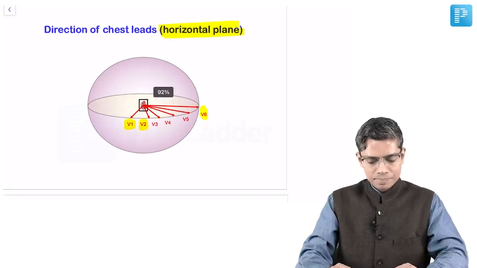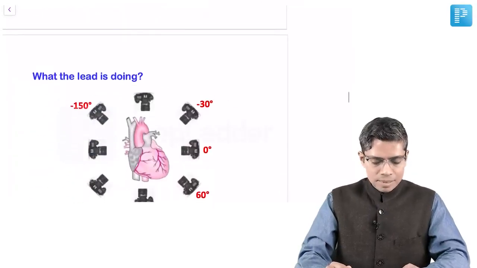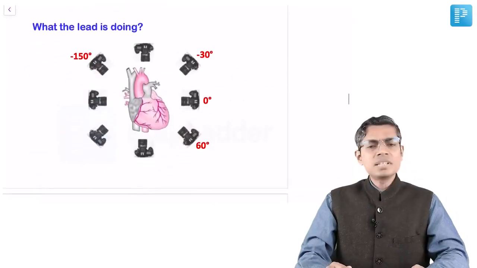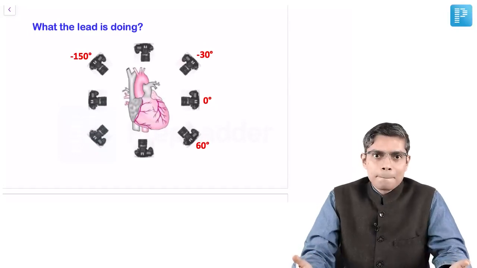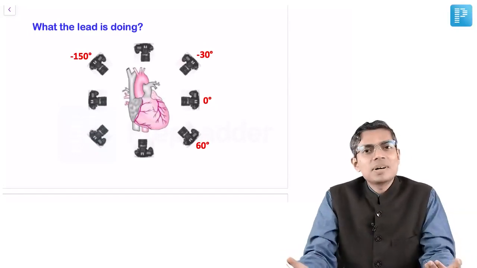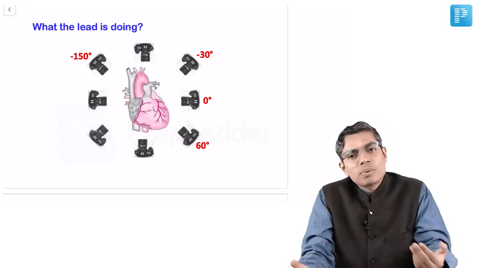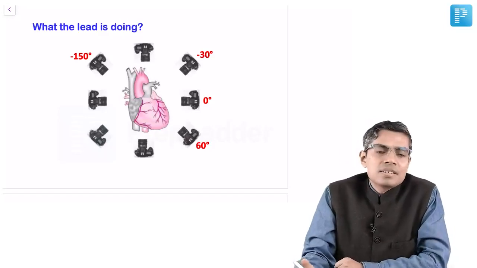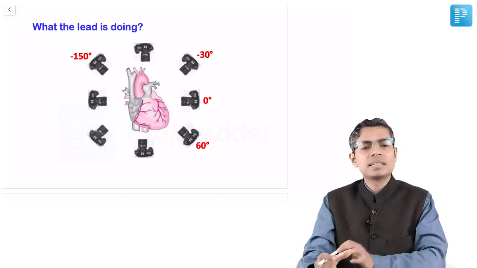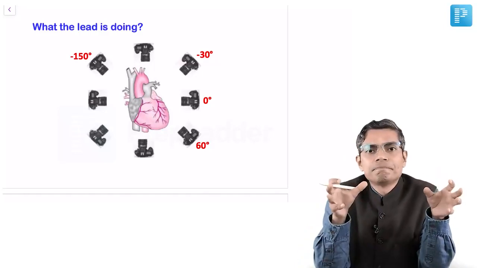Now the question is, all these leads we have discussed, what are these leads doing? Why do you record so many leads, and what is the job of each lead, right? Harrison says these leads are nothing but like video cameras.